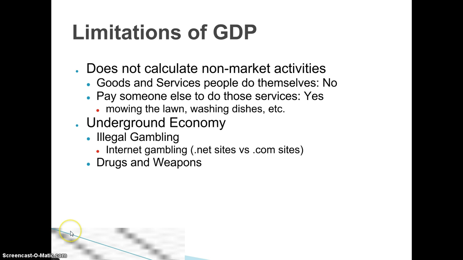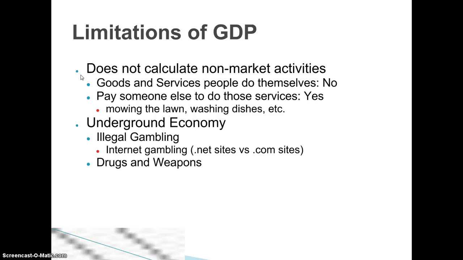There are a number of limitations of GDP. When you watch the film Who's Counting, you'll see there are many more issues than what I'm going to cover, but I will cover a few of them here. First, it doesn't cover non-market activities.